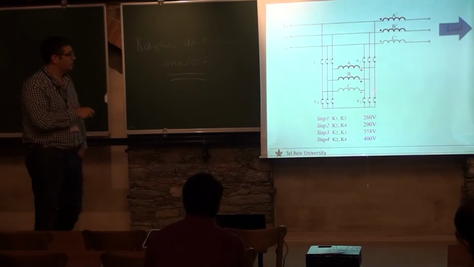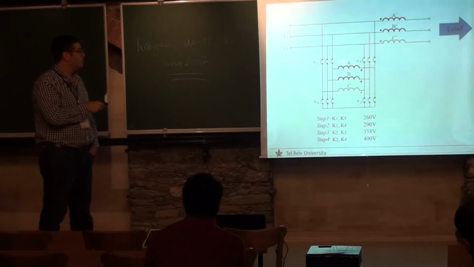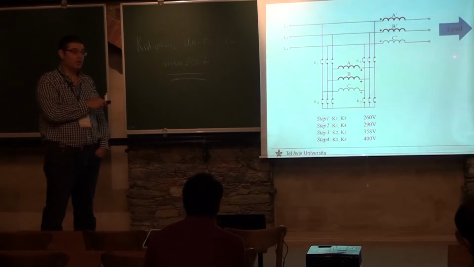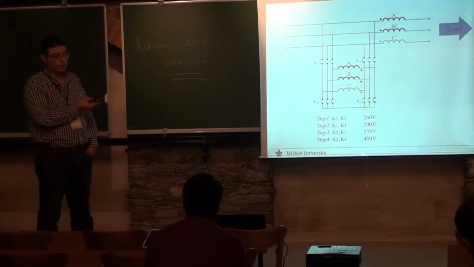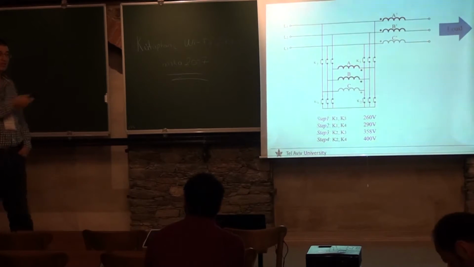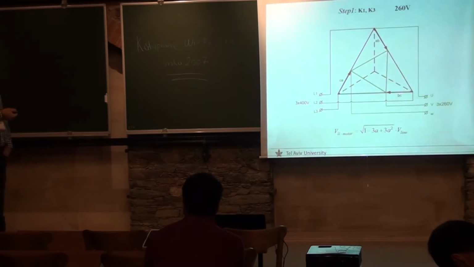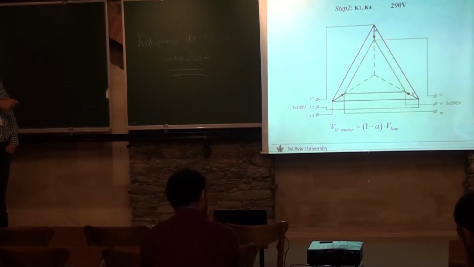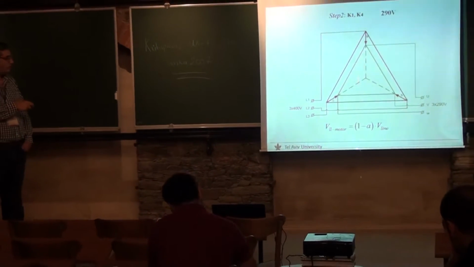So the primary is connected in Y. So the voltages that will appear across each of these windings are smaller, of course, and again rotated somewhat.